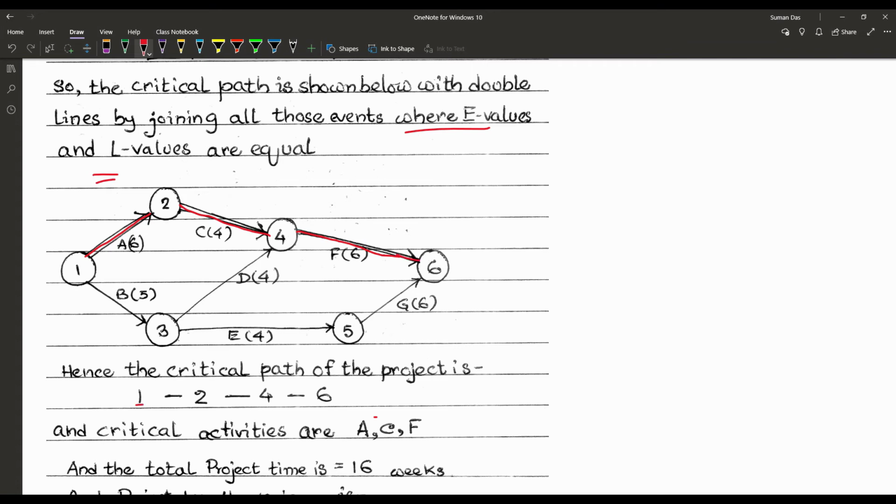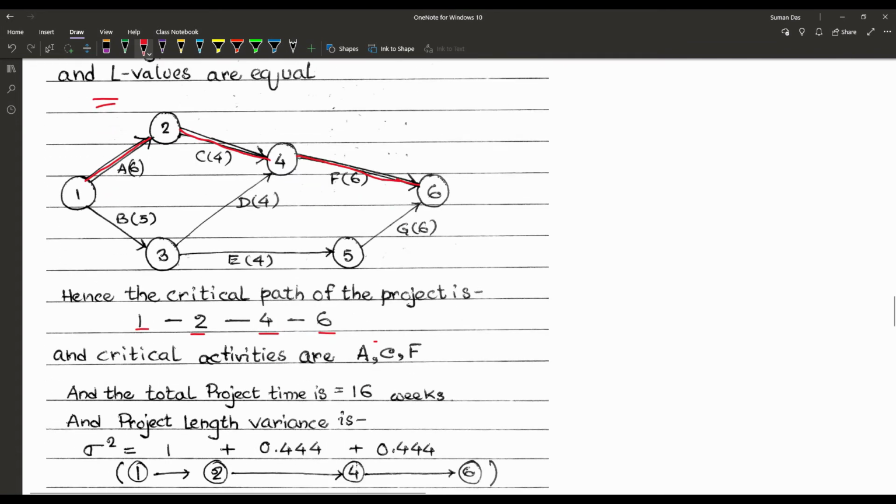That means 1, 2, 4 and 6, and the critical activities are A, C and F. The total project time must also be found out: 6 plus 4 is 10, plus 6, that is 16 weeks. And how do we find the project length variance?